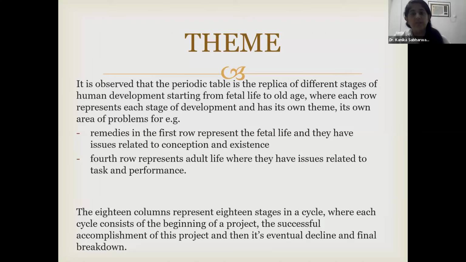Therefore, the themes or the issues of these elements are related to conception and actual existence. If you go to the next row, that is row 2, which has remedies like lithium, we are talking about the process of labor or birth. And these remedies in their symptoms have symptoms such as fear of downward motion, which metaphorically is understood as the process of coming down the birth canal.